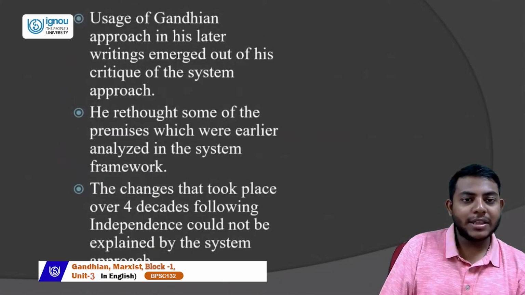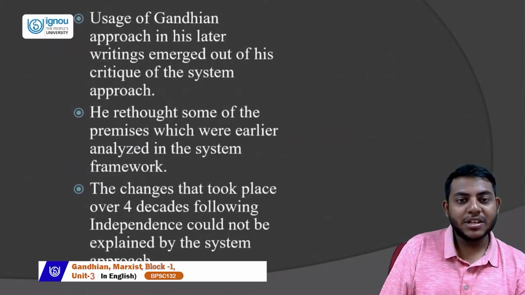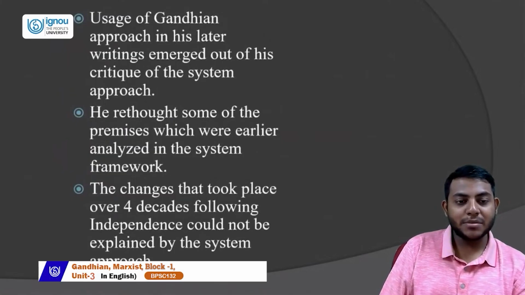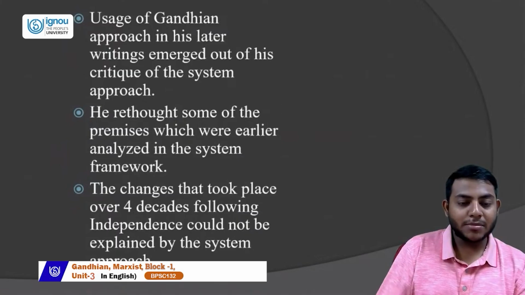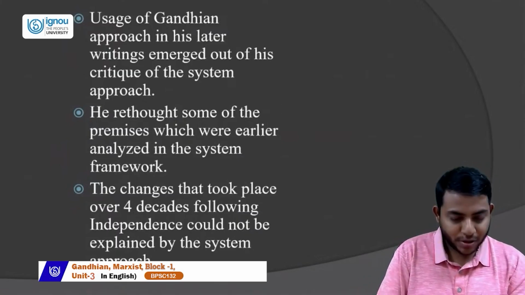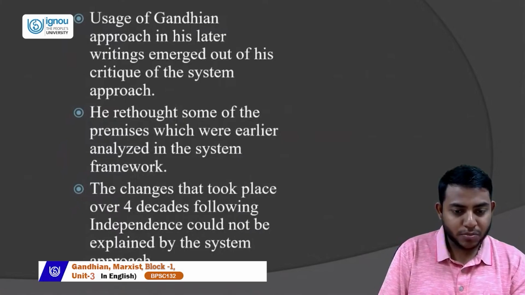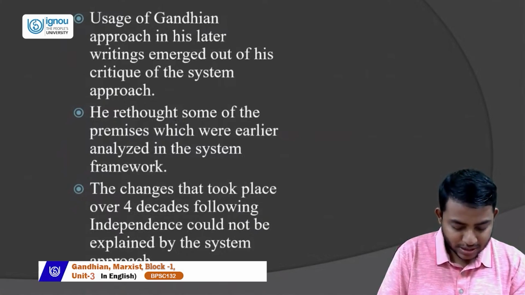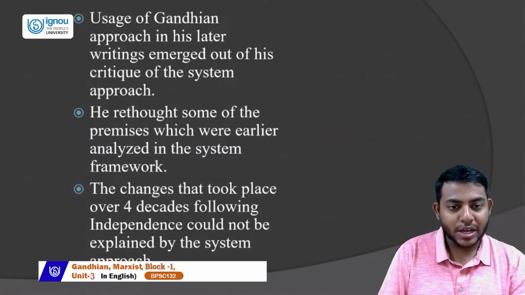So the usage of the Gandhian approach in Rajni Kothari's later writings emerged out of his critique of the systems approach. He rethought some of the premises which were earlier analyzed in the systems framework. The changes that took place over 4 decades following independence could not be explained by the systems approach. That is what Rajni Kothari felt.